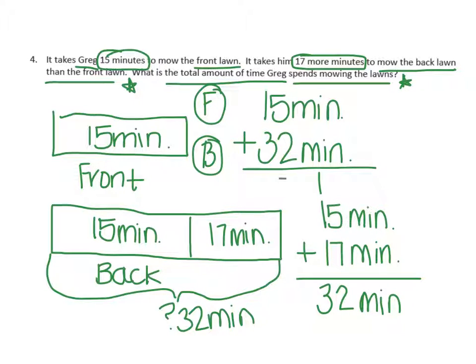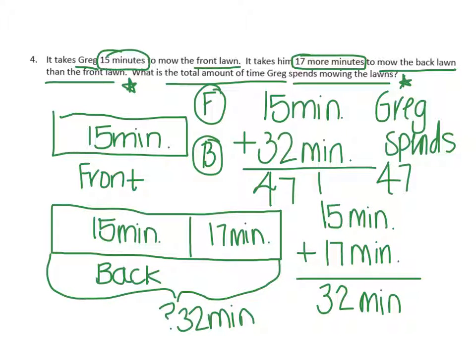So 5 plus 2 is 7, 1 plus 3 is 4. So Greg spends 47 minutes mowing the lawns.